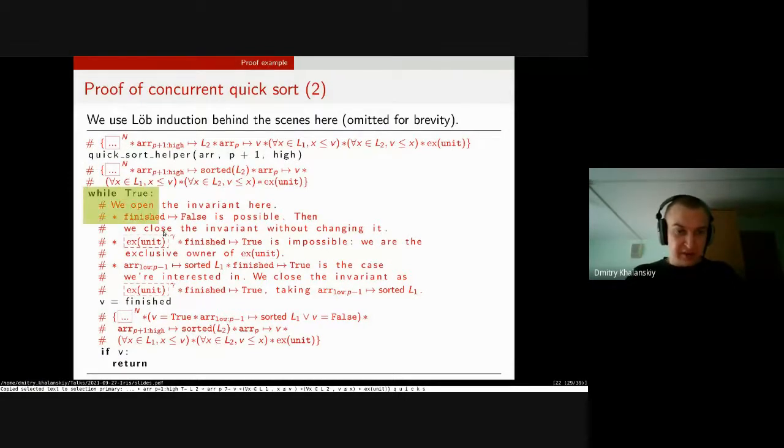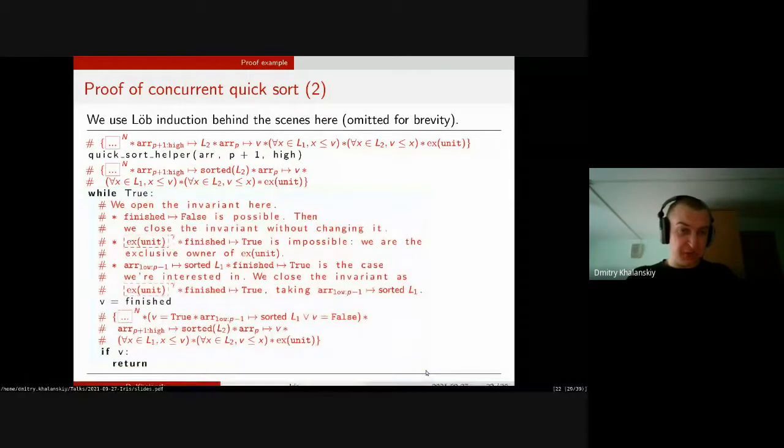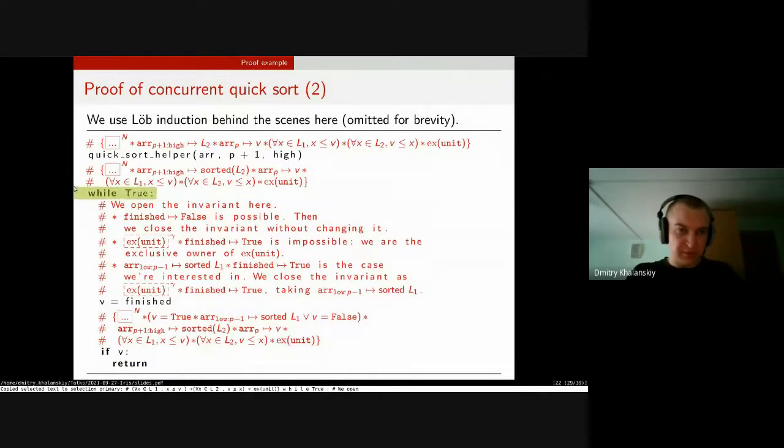Here behind the scenes, we use Löb induction, as otherwise we wouldn't be able to run this line. We wouldn't be able to have an infinite loop at all.